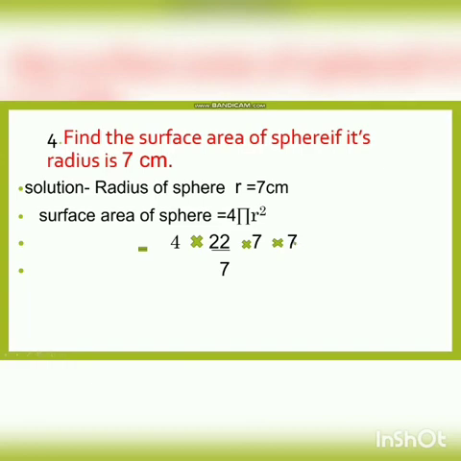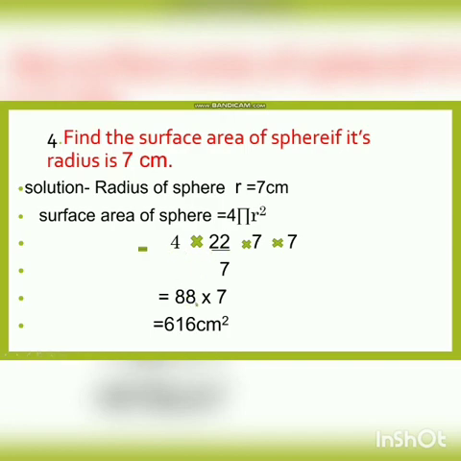Here one 7 from this 7, both 7s get cancelled. On the next step, you get 4 into 22 into 7. Multiplication of 4 into 22 is 88, 4 twos are 8.